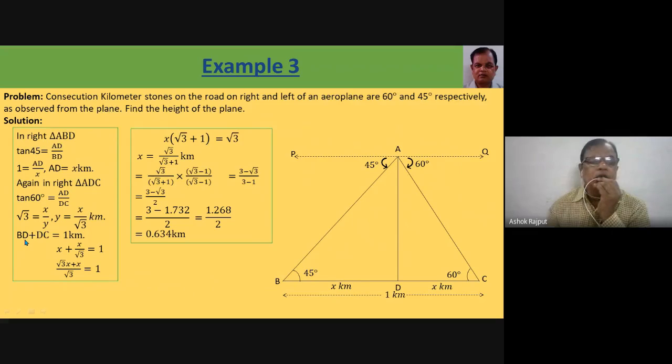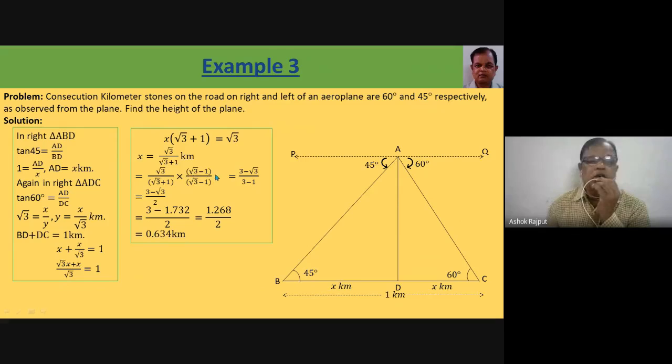So BD plus DC equal to 1 kilometer, as x plus x by root 3 equal to 1. We can take LCM. Root 3 x plus x by root 3 equal to 1, so by cross product x into root 3 plus 1 equal to root 3, x equal to root 3 by root 3 plus 1 kilometer. So we will rationalize it, multiplying numerator and denominator both by root 3 minus 1.